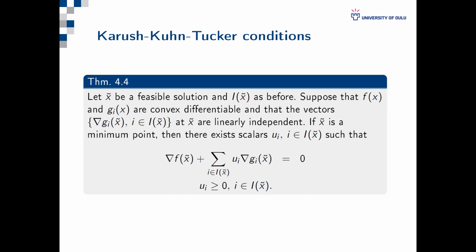Why do I take only these active constraints? Because if g_i is inactive, we can forget it. We don't have to take it into account at all. It doesn't constrain our costs at all.